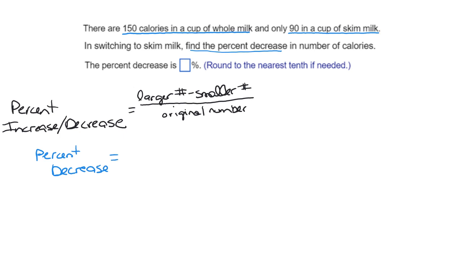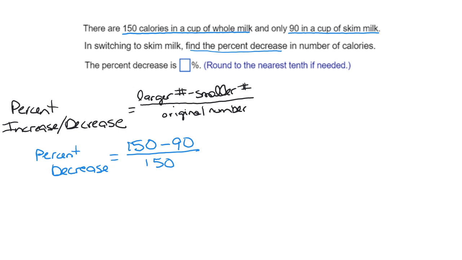We're going to take the larger number, which is 150 calories, minus the smaller number, and divide it by, well, the original number. And if you're wondering what the original number is, it's the number that you started with. We were originally on the whole milk. So the whole milk is the 150 calories, or the original amount.